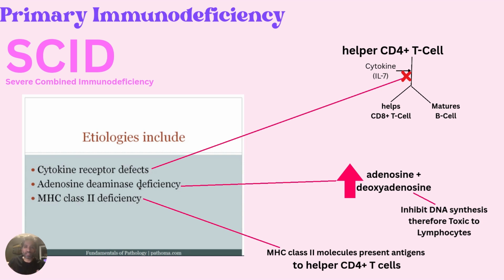So a CD4 T cell, as I showed in the chart on the top, uses interleukin 7 to help other CD8 cells and makes the B cells more mature, right? But in all honesty, interleukins 2, 4, 7, 9, 15, they're all affected. And cytokine receptor defects are usually X linked, unfortunately, so it mainly presents in men, but I don't think you really have to know that.